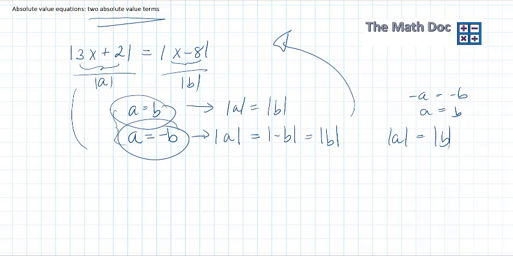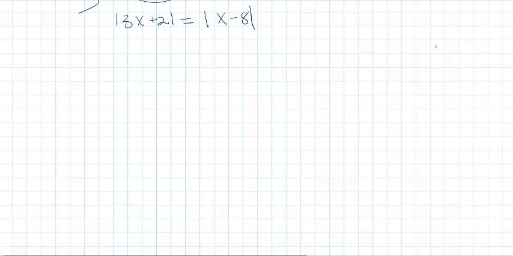So going back to our example now, we have the absolute value of 3x plus 2 equals the absolute value of x minus 8. And we can look at the two cases, and this should cover all possible solutions. So we can have 3x plus 2 equals x minus 8, right?